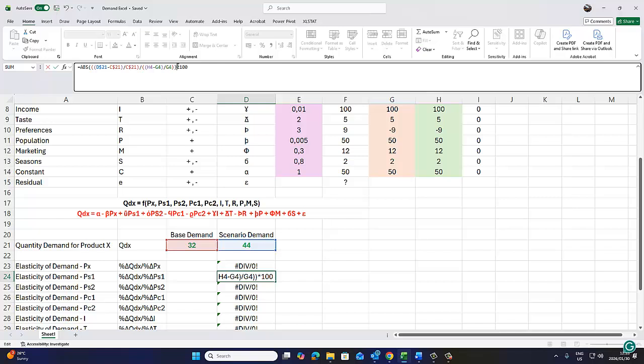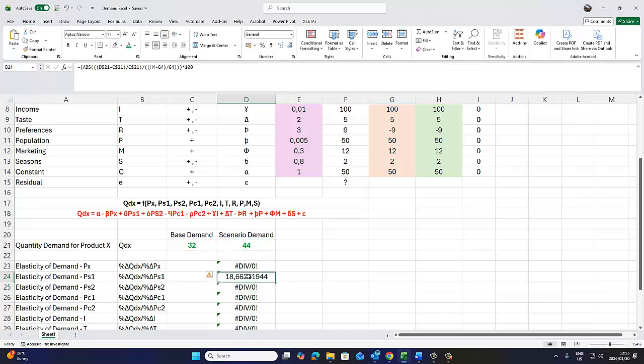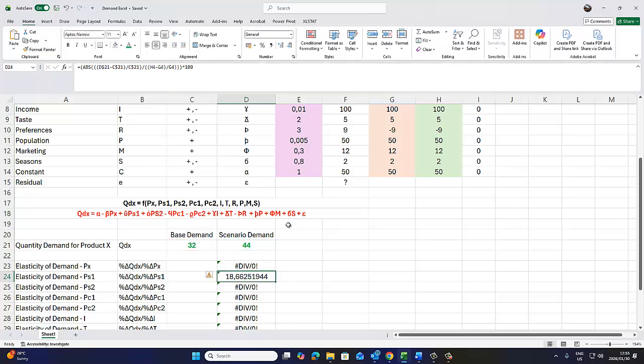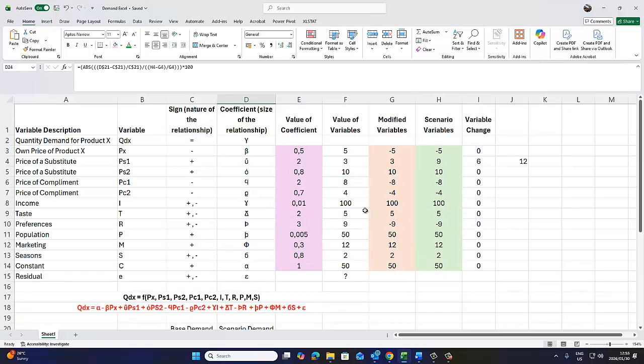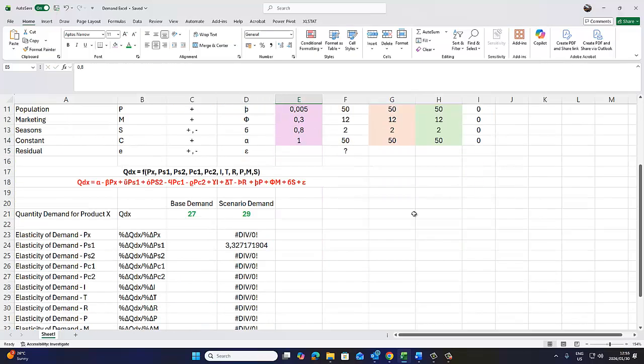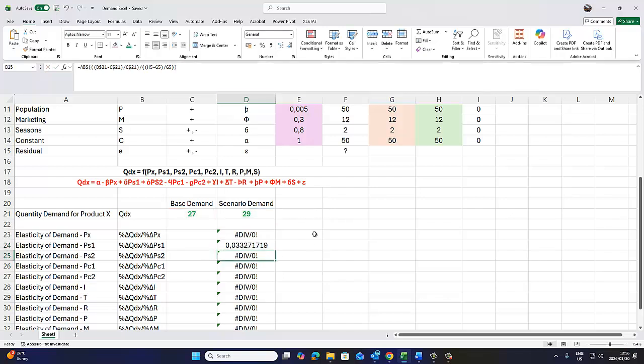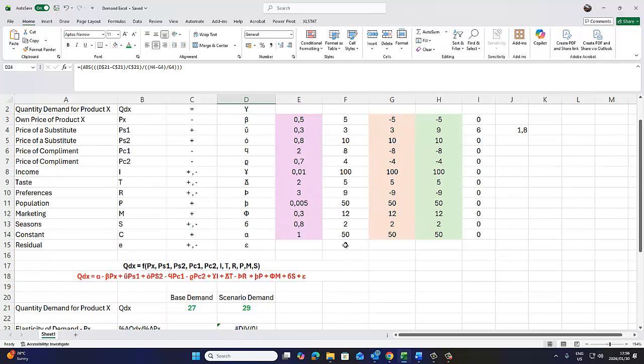So I'm going to do this one here, put that one there, times 100, 18. Okay, or shall we leave the 100 or not? Yeah, we should. Let's make it 0.3 again. You see, we have to take it out, 0.03. Okay, so leave it there.